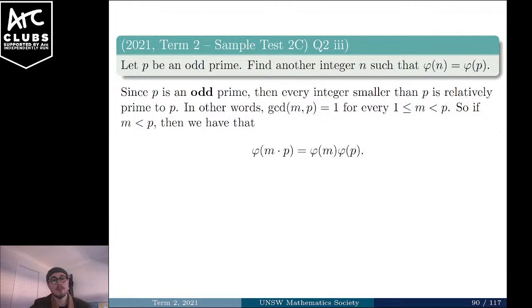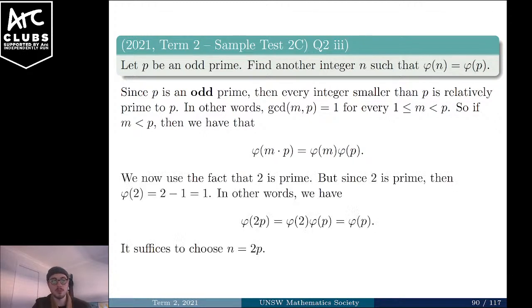So if we took some arbitrary number m and p and took the product of those, when we find the phi function of that, we can separate it. It doesn't matter which m we choose, as long as it's less than p, it'll work because the GCD is 1.